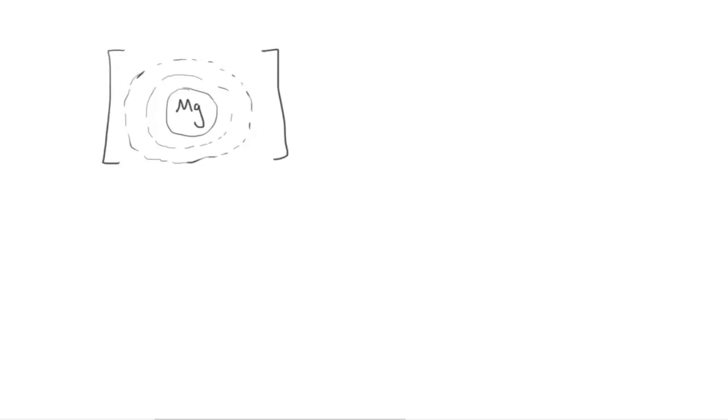Let me just draw the electrons up there. So it's got 1 electron here. Those are big electrons relative to magnesium, so I'm going to draw them a little bit smaller. Okay, that's fine. And that's going to have 8. So 1, 2.